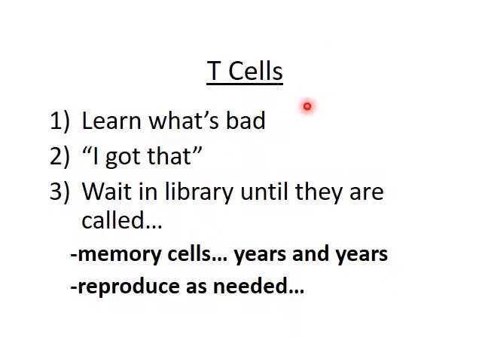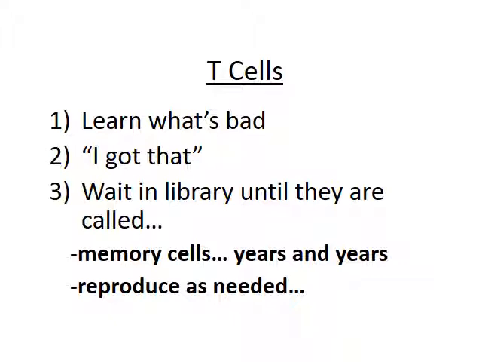T cells. They have a slightly different approach, but they still kill. So they learn what's bad, just like the B cells, and then it's more of a personal attack. Instead of standing across the room and throwing Spider-Man webs at it like the B cells, the T cells have a more personal, more hands-on attack. So the T cells will learn what needs to be attacked.